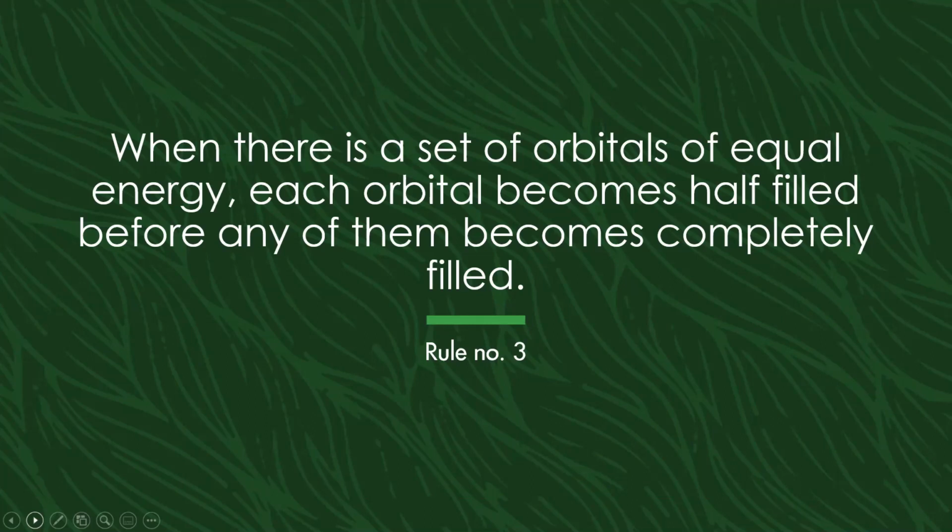Take note that after the 1s and 2s orbitals are filled, the fifth electron is put into the 2px orbital, the sixth in the 2py orbital, and the seventh in the 2pz orbital. Electrons are placed into orbitals of equal energy using the same spin direction before pairing begins.